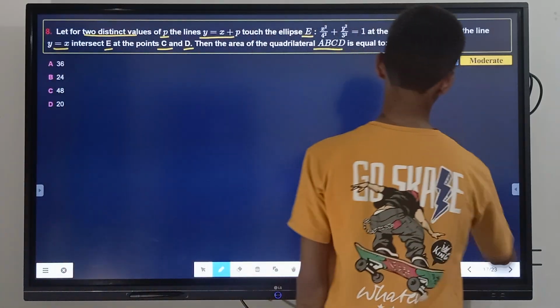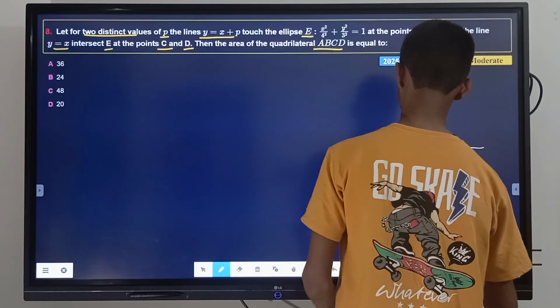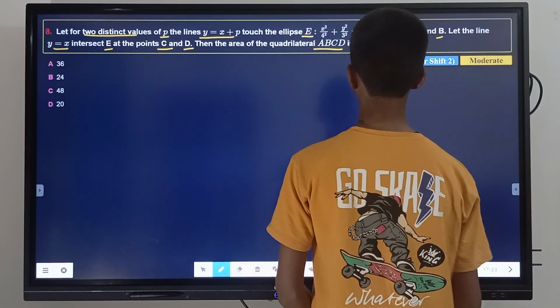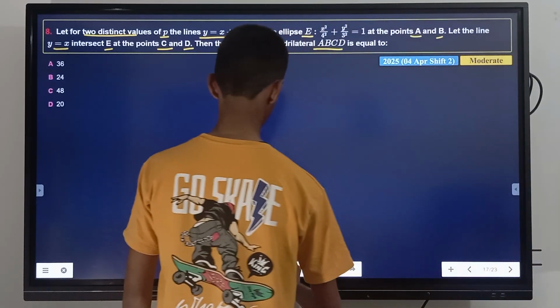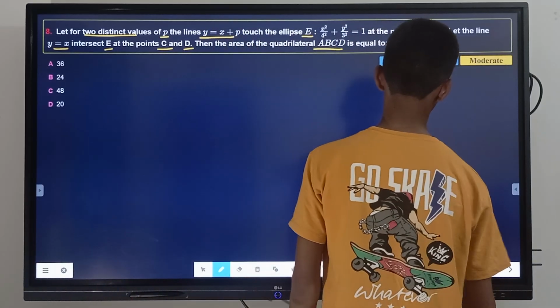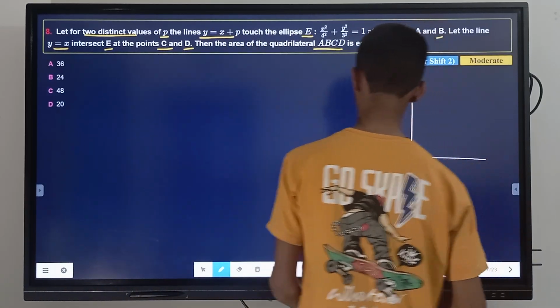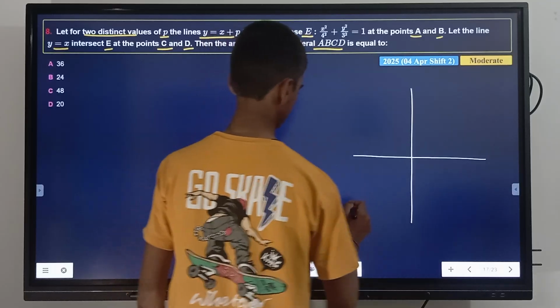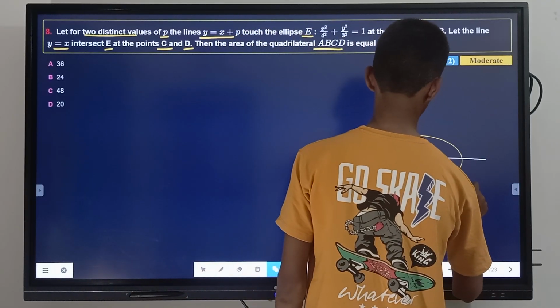Now here let's first quickly plot. We can make it without axis, so let's add axis. Here is our ellipse.